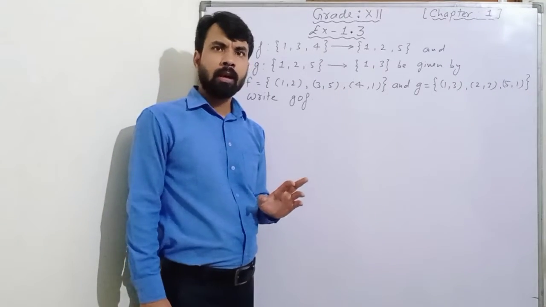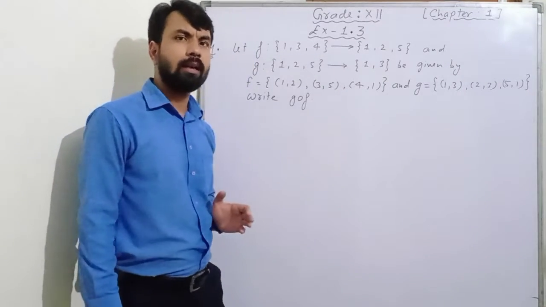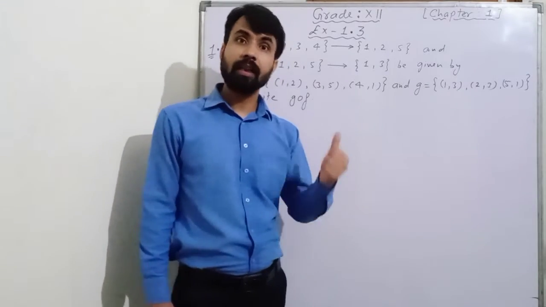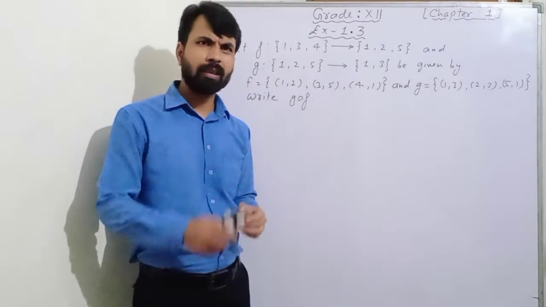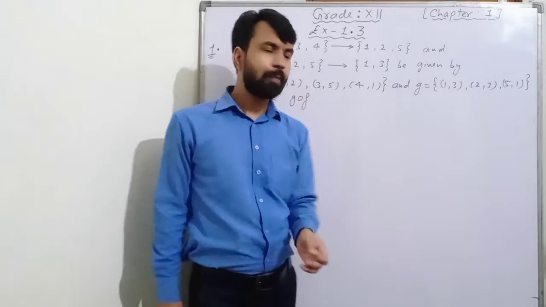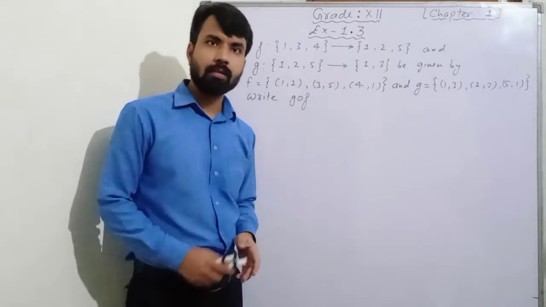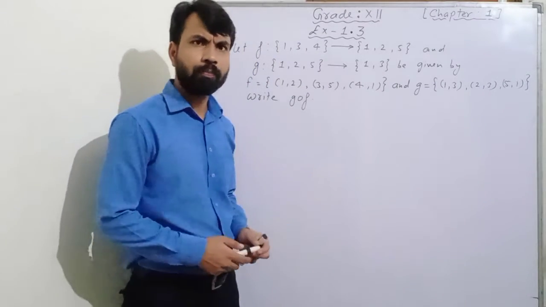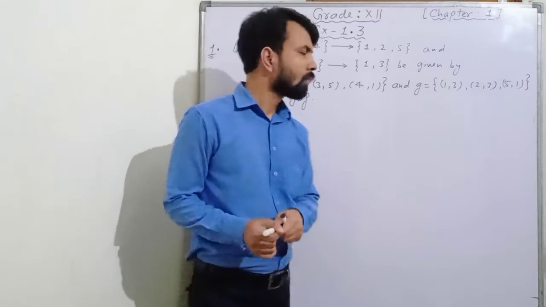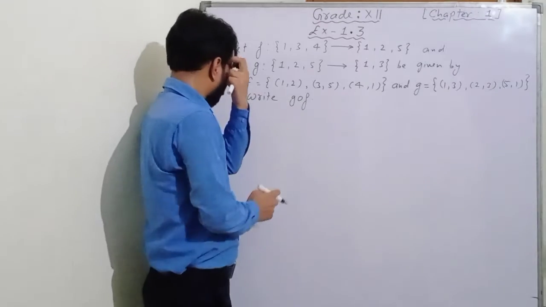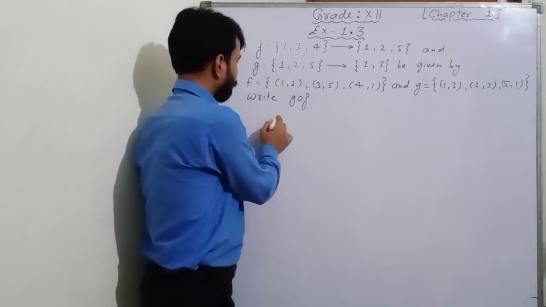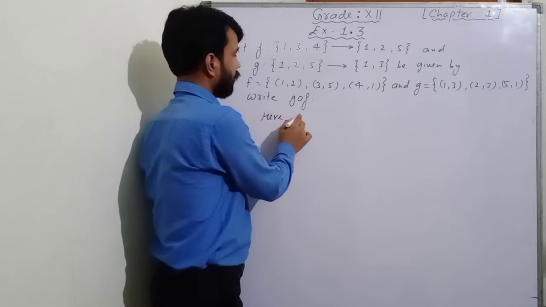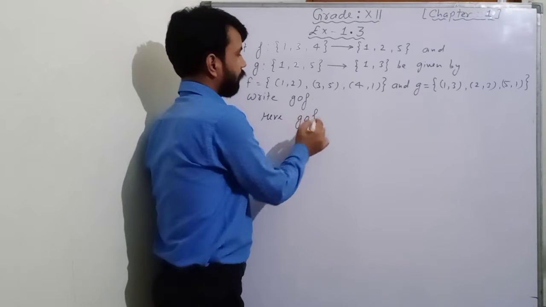This type of question we have already solved in grade 11th. Have you remembered? I have already explained these types of sums in grade 11th also, but no problem, again I will explain. So GOF.